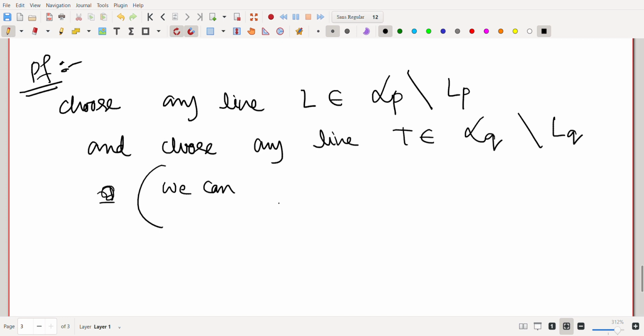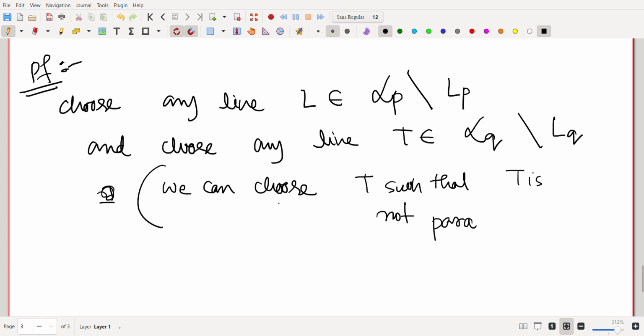So we can choose T such that T is not parallel to L. Okay, why can we choose that?